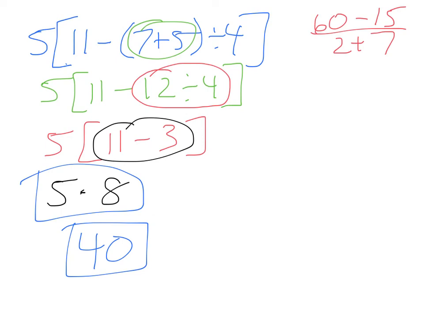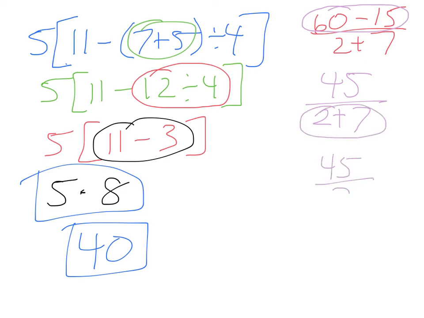The next one's a little bit trickier, because on this one there are no grouping symbols, but what you actually have to do is work top to bottom. Start with the 60 minus 15, and that's going to give me 45 over 2 plus 7. 2 plus 7 we know is 9, so that's 45 divided by 9, which gives me 5. Now you'll notice how I'm doing these step by step.